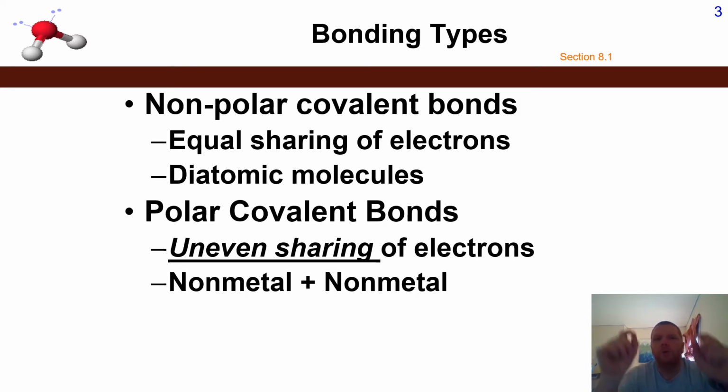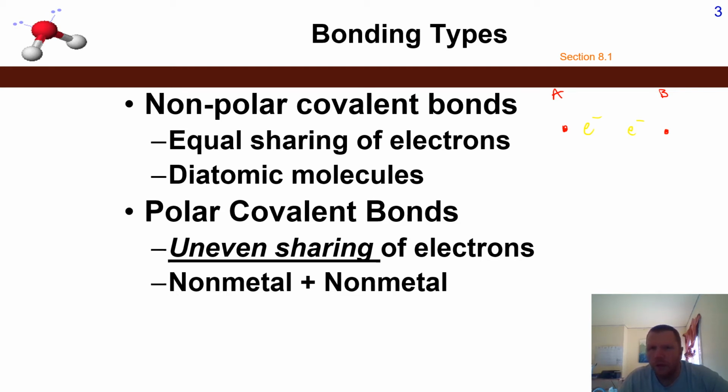Now, in a nonpolar covalent bond, each of these two atoms has an equal claim to those electrons. So if you wanted to look at it as nucleus of atom A and atom B, these electrons, and I'm just going to show electrons with the letter E, are evenly shared between these two atoms.